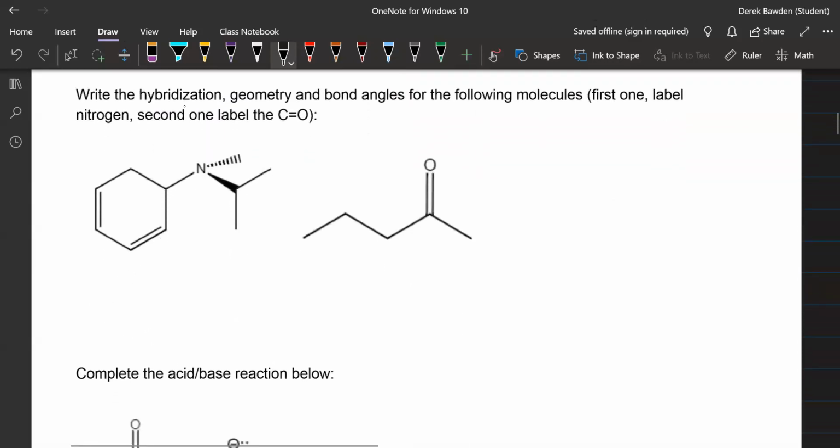So we want to write the hybridization, the geometry, and the bond angles for the following molecules. So for this first one, we're going to be concerned about this nitrogen right here. First of all, what's missing on that nitrogen?